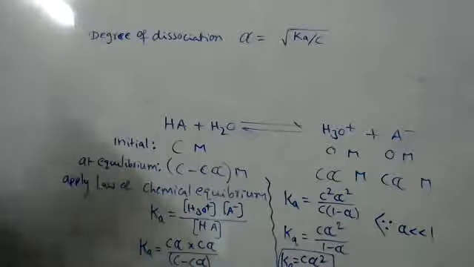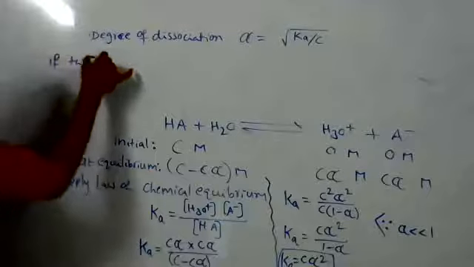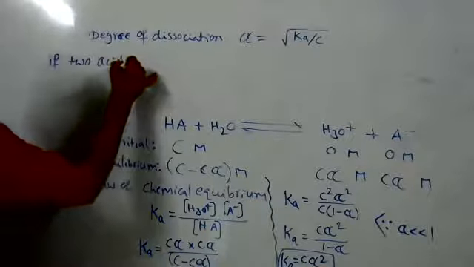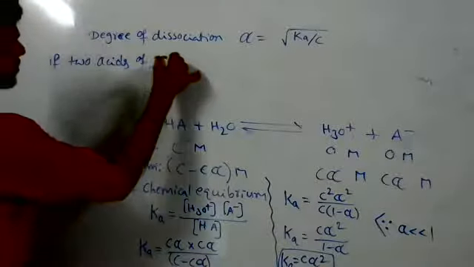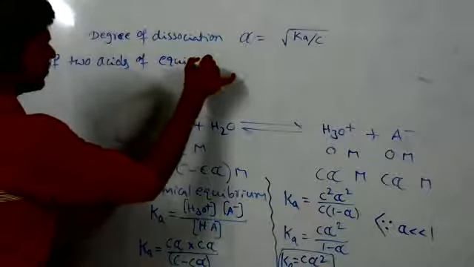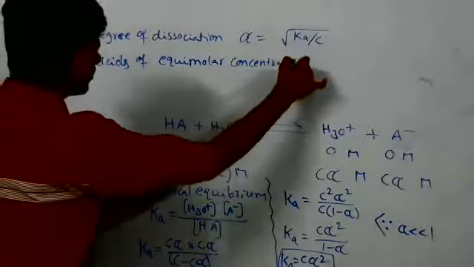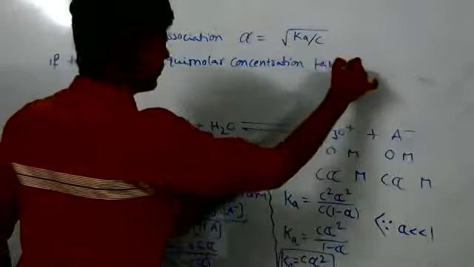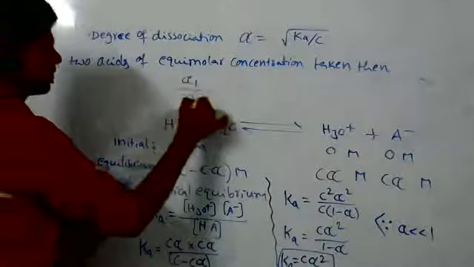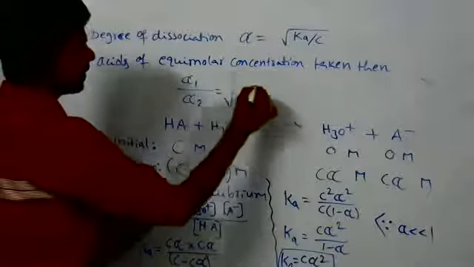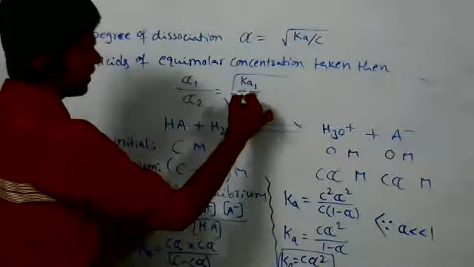If two acids of equimolar concentration are taken, then alpha 1 by alpha 2 is equal to square root of Ka1 by Ka2.